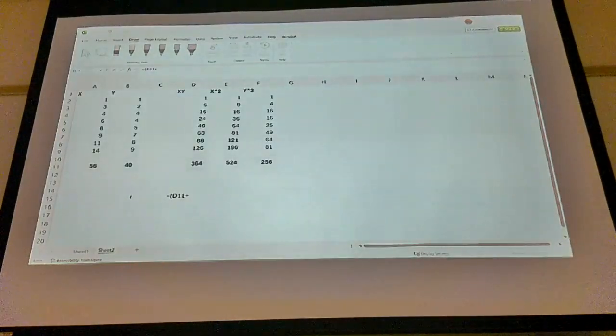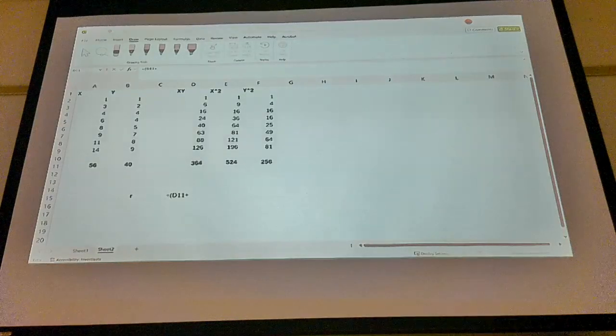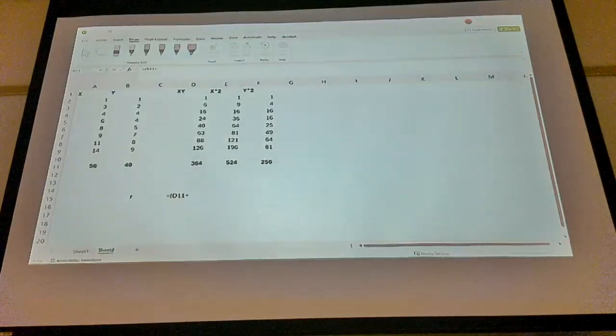I took a picture. Sum of x squared minus sum of x, squared, and y equals minus sum of y squared minus sum of y, squared, all over n. That's a long formula. You tell me.